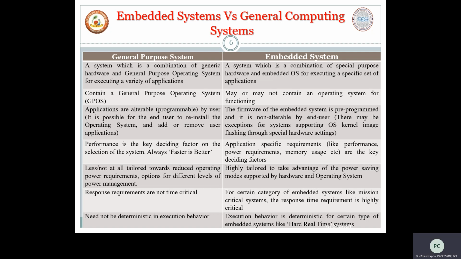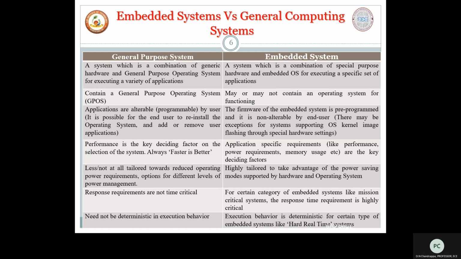The response requirements are not time critical in general purpose systems. But in an embedded system, for certain categories like mission critical systems, the response time requirement is highly critical. A general purpose system need not be deterministic in its execution behavior.